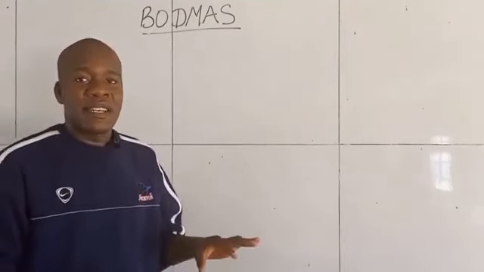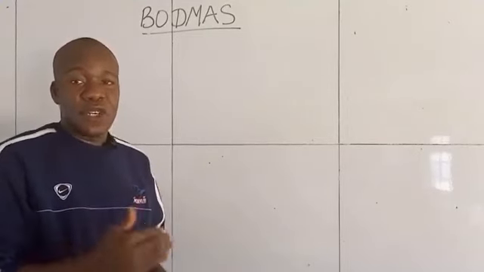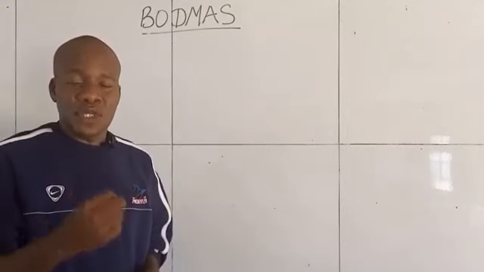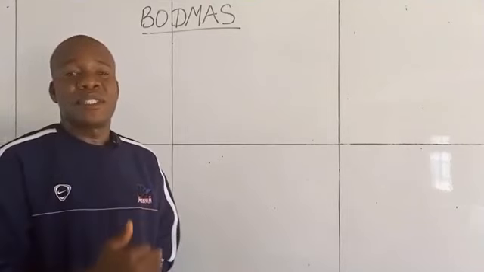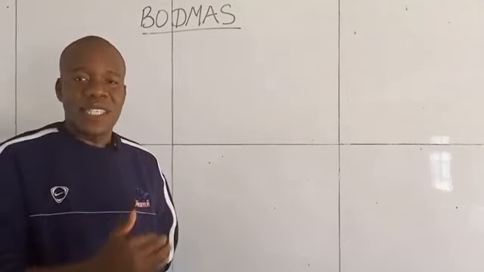I don't know if that makes sense to you, but I'm going to explain that. What that means is that when we have a mathematical expression involving different operations, BODMAS tells us which operation we must do first before the others. So it arranges mathematical operations according to their precedence, according to their weight, according to the ones that must be done first before the others.